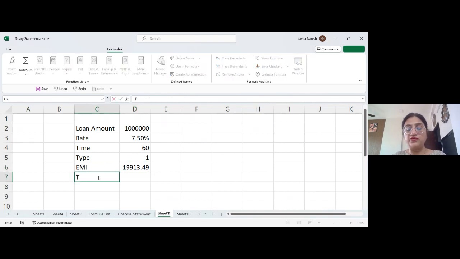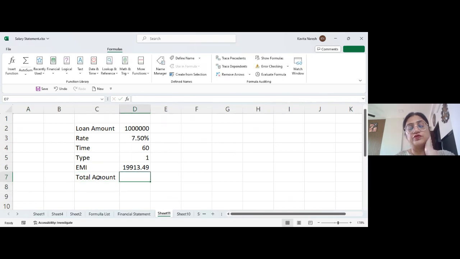Now total amount. What will be the total amount after 60 months? You are paying this as an installment multiplied by this. So that means after completing the 60 months, you will pay 11,94,809.